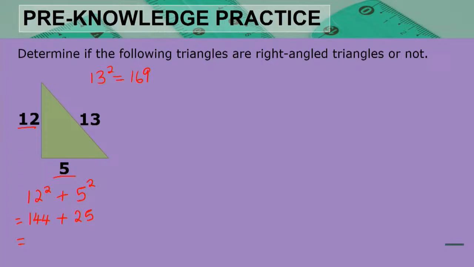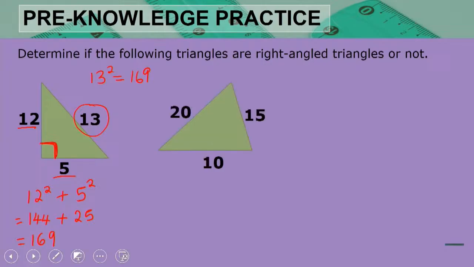So I have 144 plus 25, and the sum of those two numbers is 169. Since the sum of the squares of the two sides is equal to the longest side squared, this triangle is of course a right-angled triangle. And that's how we indicate whether a triangle is a right-angled triangle or not.